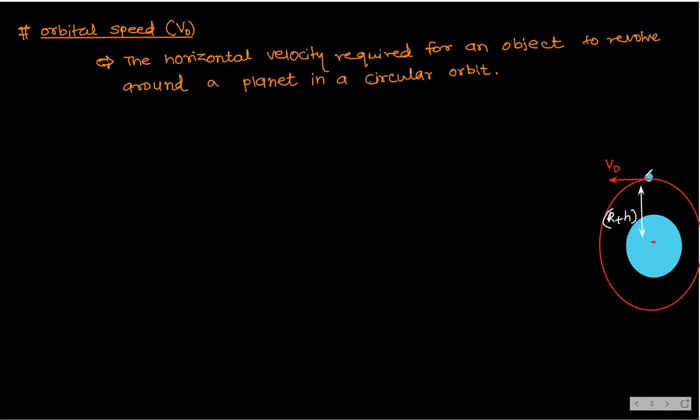Now see here, let us assume that this is a satellite whose mass is small m. And here, this planet is having mass M and radius capital R. And this satellite is revolving around this planet at height h.